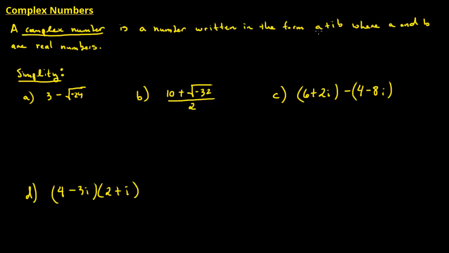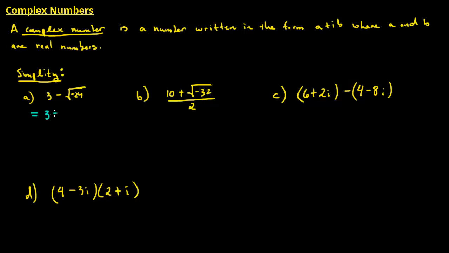So we can look at what happens with complex numbers when we perform our regular arithmetic operations. So here it says to simplify, and I've got 3 minus the square root of negative 24. Well, if I want to simplify this, I can actually reduce this radical, the square root of negative 24.